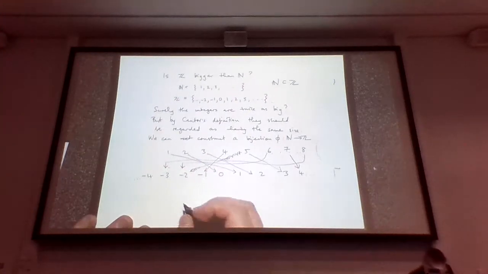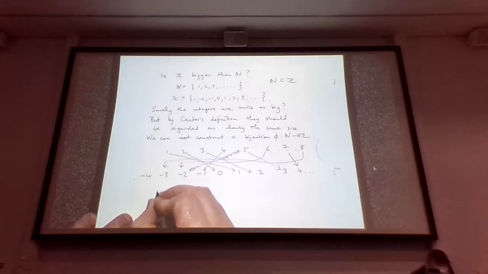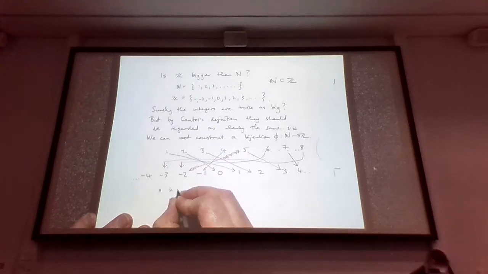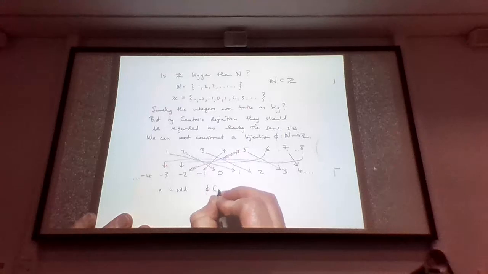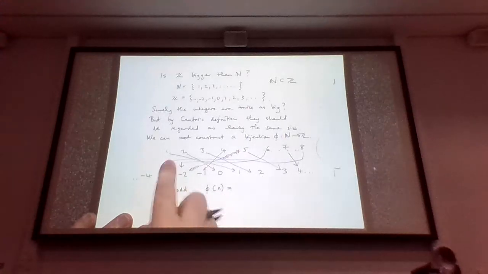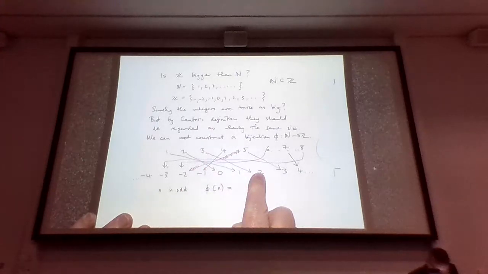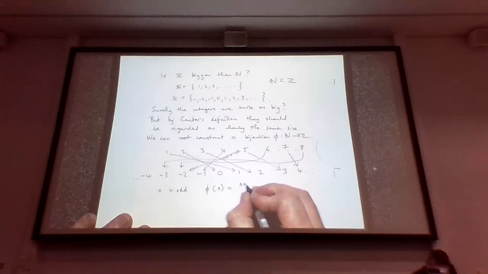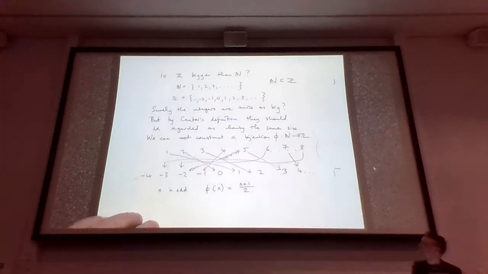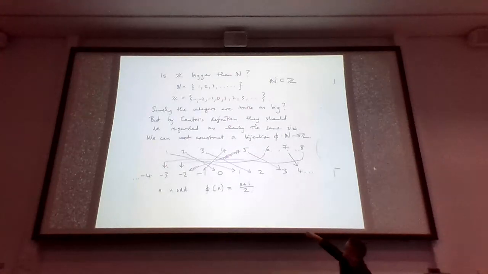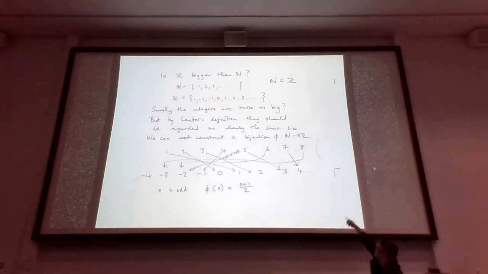So the rule for this map is, if n is odd, phi of n is (n plus 1) over 2. That's the rule that sends 1 to 1, 3 to 2, 5 to 3, 7 to 4.